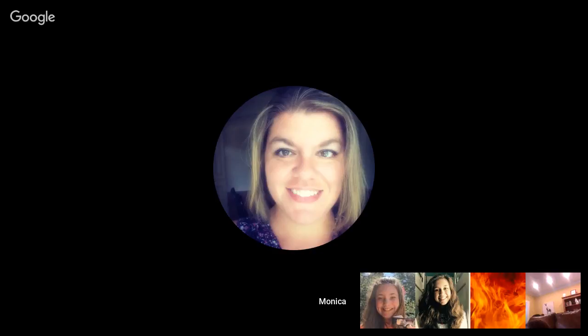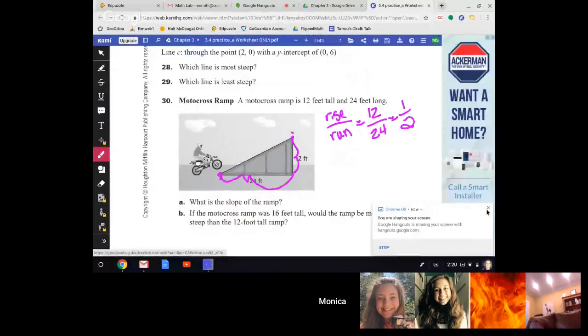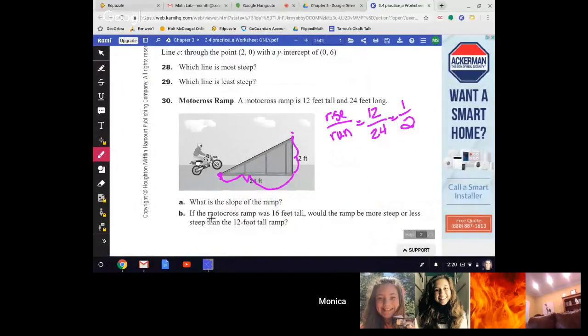So then for the next part of it, for part B, you have to assume if the motocross ramp was 16 feet tall, would it be more steep or less steep than a 12-foot tall ramp? So picture this, okay?